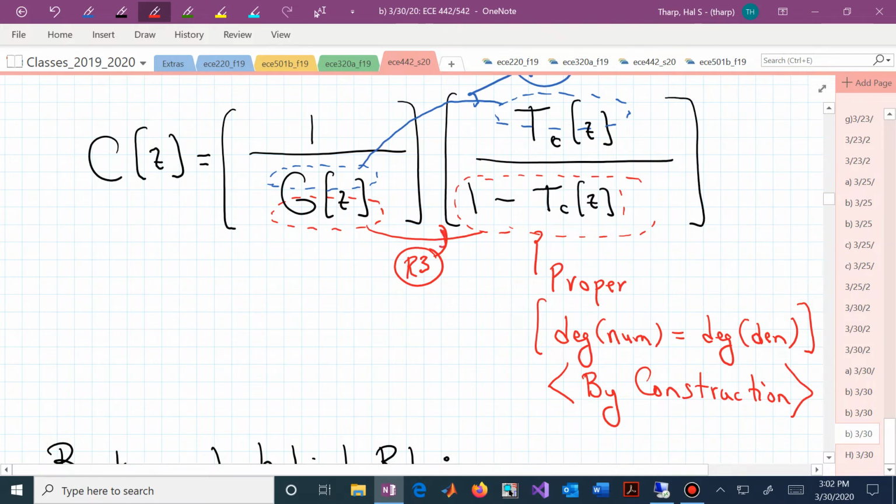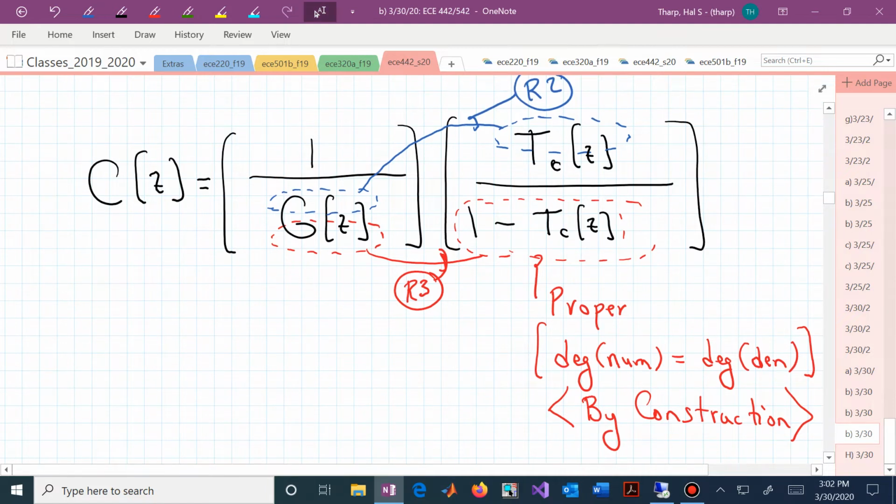So 1 minus t sub c of z, that's proper. If you look at what that is, you can see that if you now obtained a common denominator between 1 and t sub c of z, you would put both of those over the same denominator, and now what's going to happen?